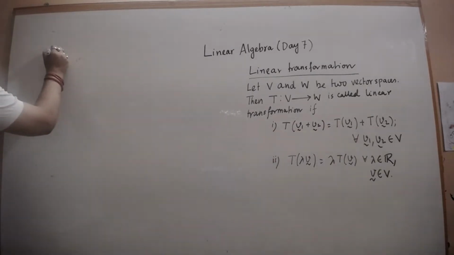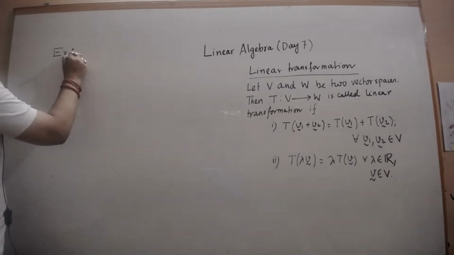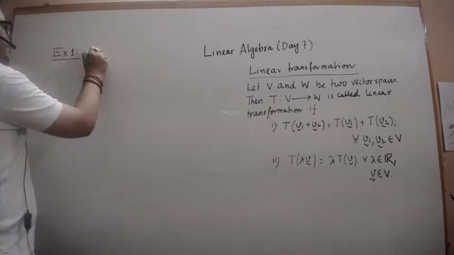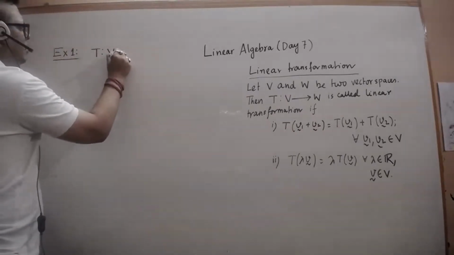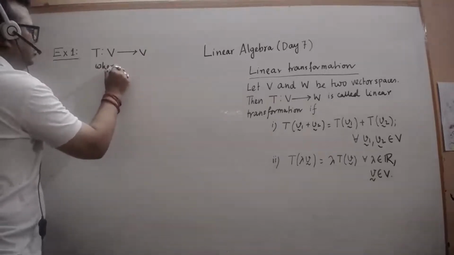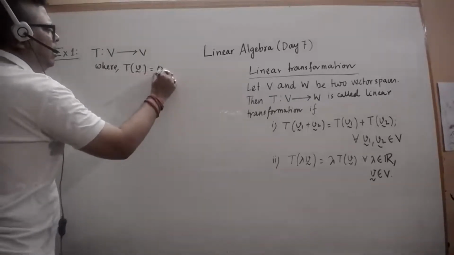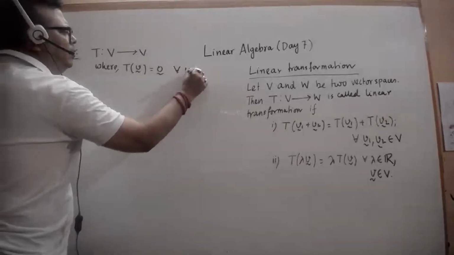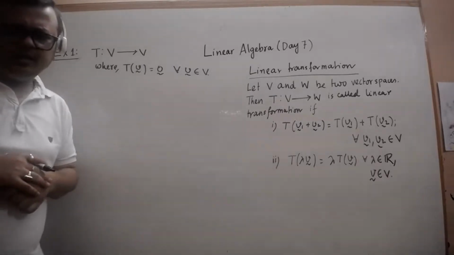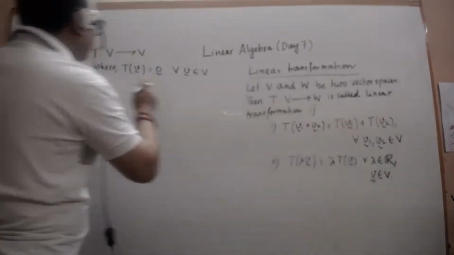Example one. T from V to V, where T(v curve) equals zero curve for all v curve belonging to V. Check that this is a linear transformation. Just see these two properties.